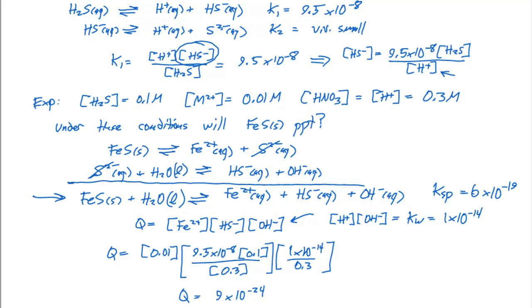I said previously in this particular example that the KSP, which equals 6 times 10 to the minus 19, is going to be greater than the Q. So the conclusion that we can make is, therefore, no precipitate will form.